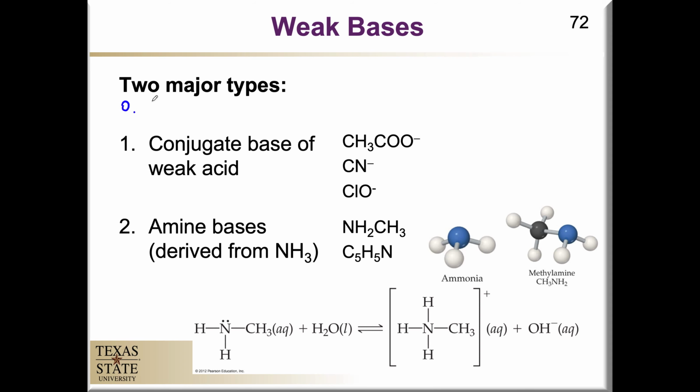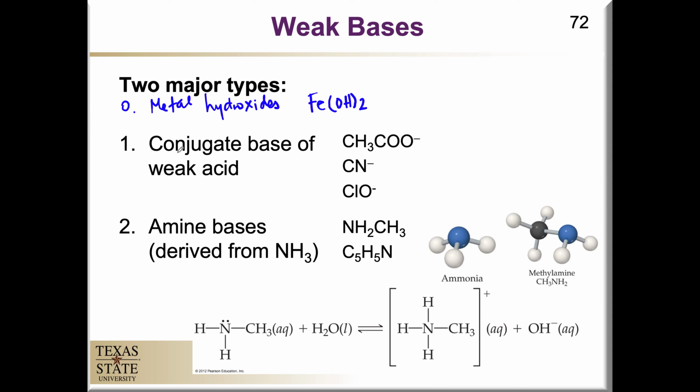So let's call them metal hydroxides that are not part of our list of strong bases. For example, something like iron hydroxide, let's say iron 2 hydroxide, would be something like this, and that is a weak base. In addition to those, we also have the weak bases that are made from the conjugate bases of weak acids.